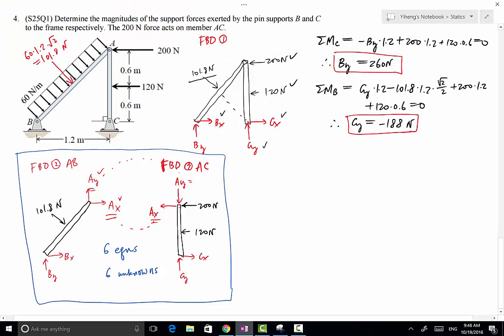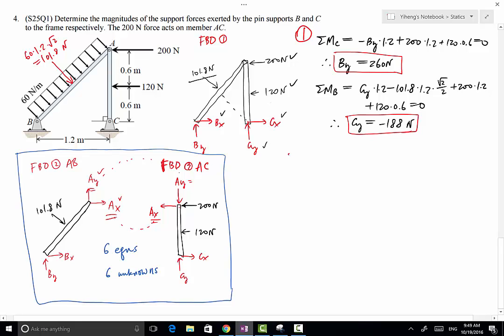So as I said earlier, from this free body diagram, we cannot solve for all the unknowns, but we can solve for some of them. So these two were solved using free body diagram number 1.